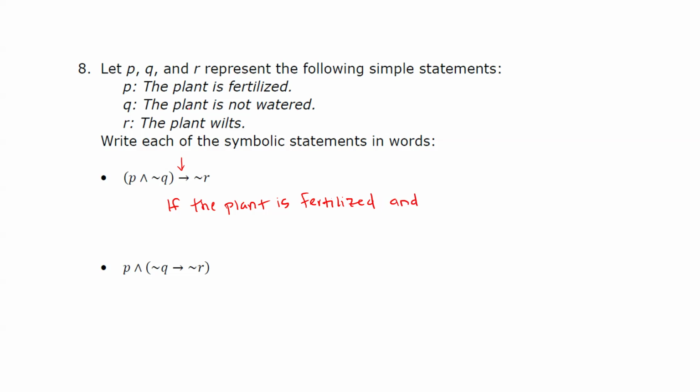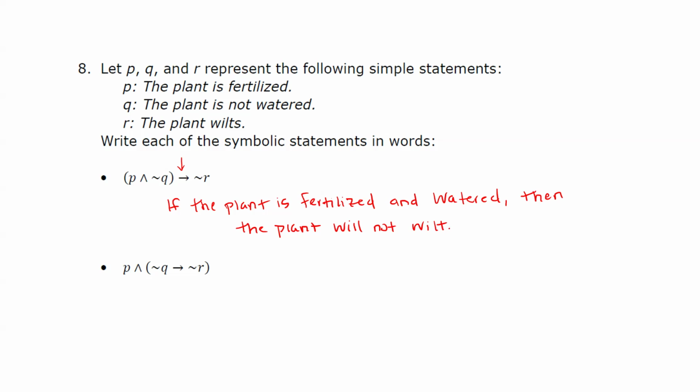So not Q would be the plant is watered. So if the plant is fertilized and watered, then notice that I put a comma there to identify when the grouping ends. So then not R. So R is the plant wilts. So not R would be the plant will not wilt.